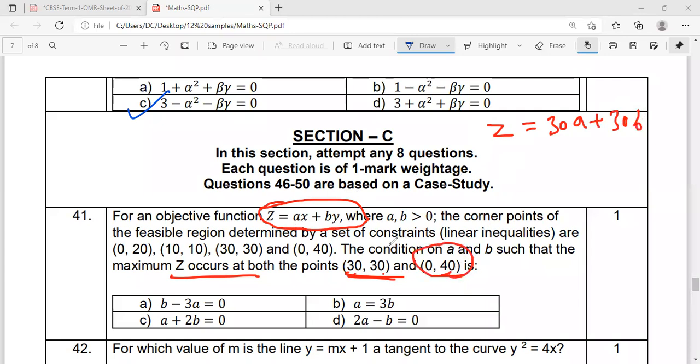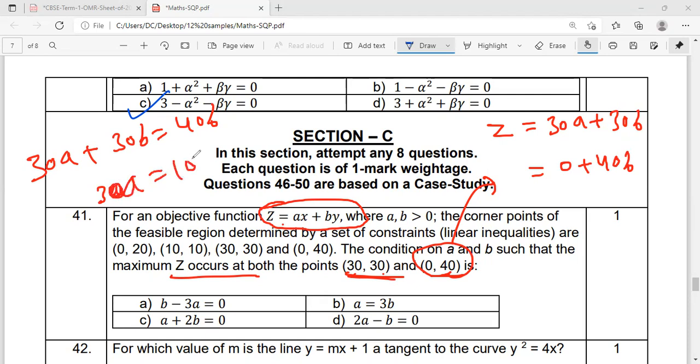And at 0, 40, the value of Z would be 0 plus 40B. Now these two should be equal. That means 30A plus 30B should be the same as 40B. Send B to the other side, so 30A should be equal to 10B. That means B should be equal to 3A.